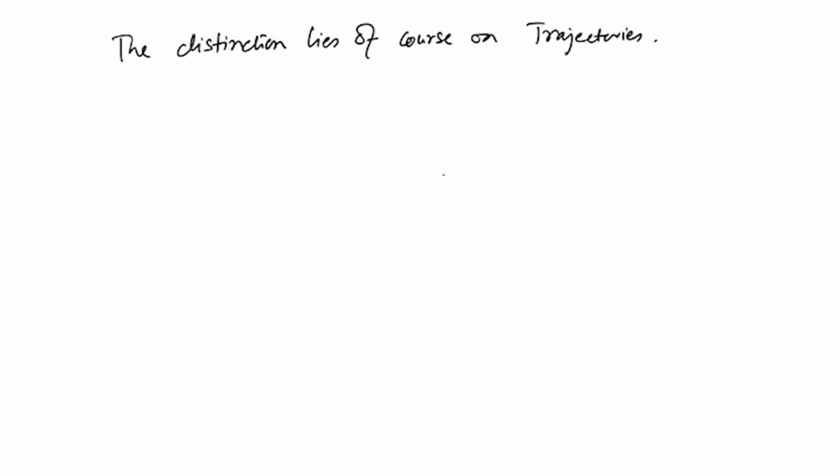Okay. The distinction lies, of course, on trajectories, that is whether it is a blue trajectory or a red trajectory, which means that it depends on history.